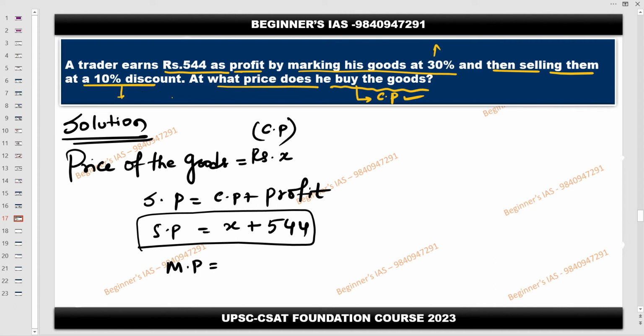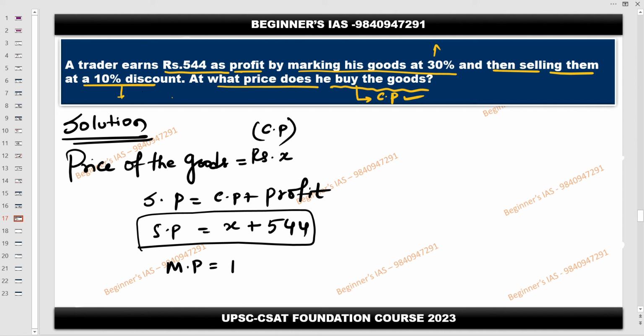The marked up price is going to be the 30% of x plus 544. Okay, fine. So I'm just taking this as 30%. Always, if you don't know something, you need to calculate this as 100%.